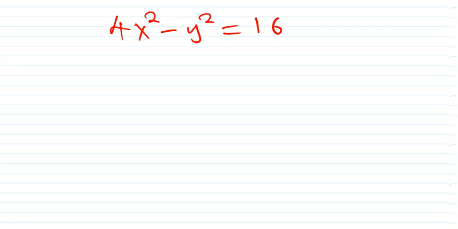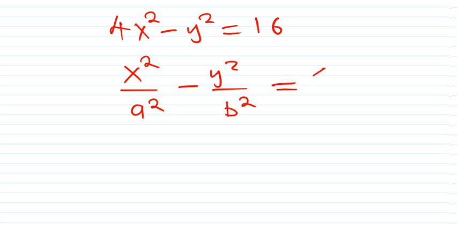Okay, so to start with, we understand the form of the equation already, as we can see. It starts with x squared, so this is x squared over a squared minus y squared over b squared equal to 1.